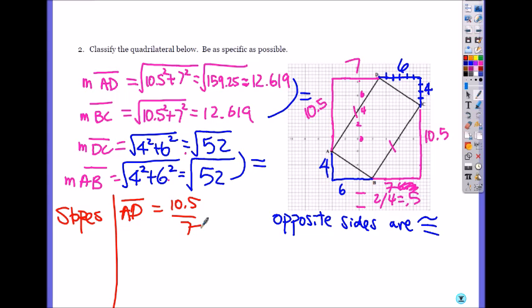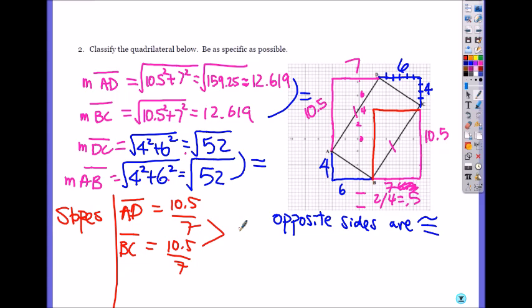What about BC? BC is also rise over 10.5, run 7. So they have the same slope.